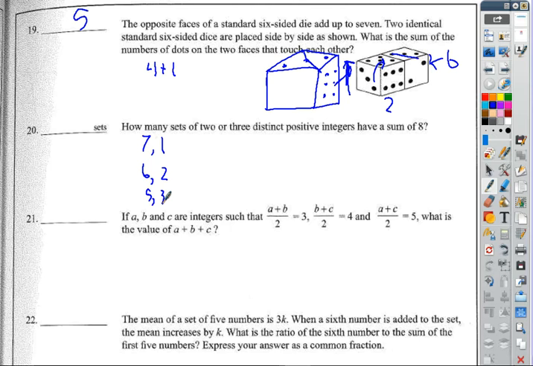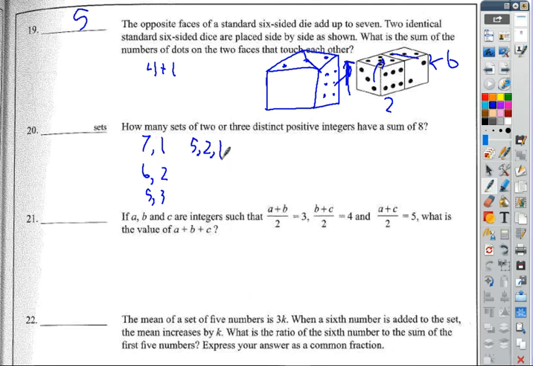So now we move on to the ones with 3 numbers. I am going to start with the largest first digit I can, which would be, what would that be? Oh, it would be 5. Because if I have 6, I would have 6, 1, 1, but 1 is not distinct from 1. So I could have 5, 2, 1.